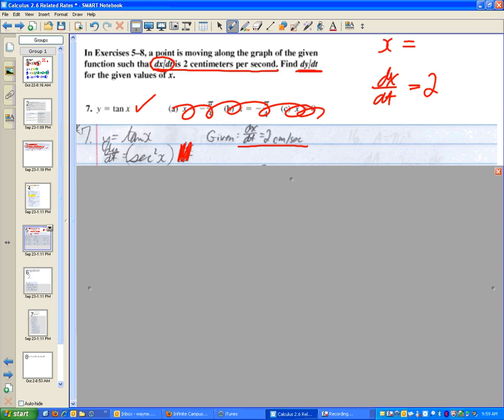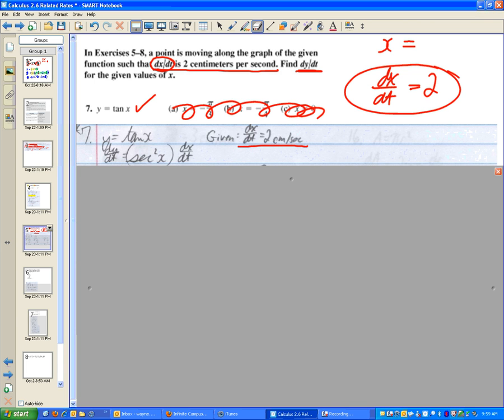So they're telling you dx/dt equals 2, and they're telling you x is a function of t. So now I've got to take the derivative of x. I've got to chain rule it. Take the derivative of x, call it dx/dt. Make sense?